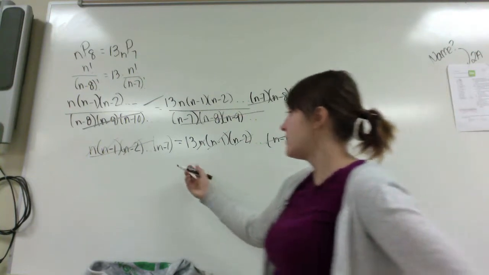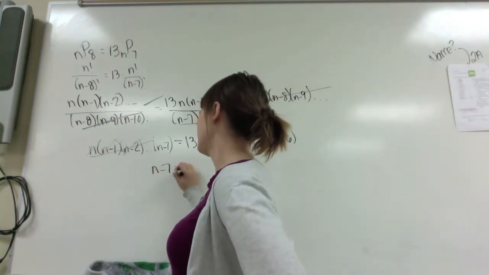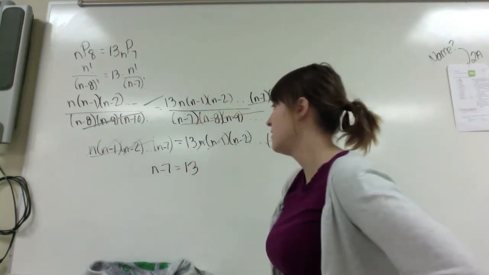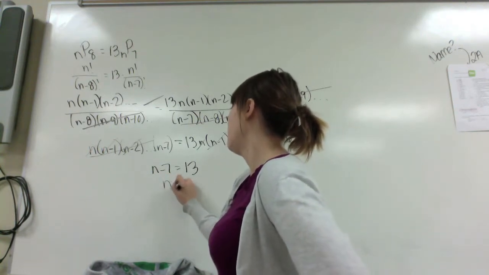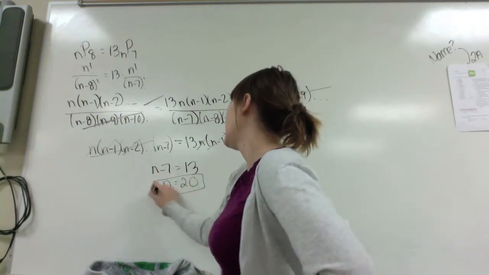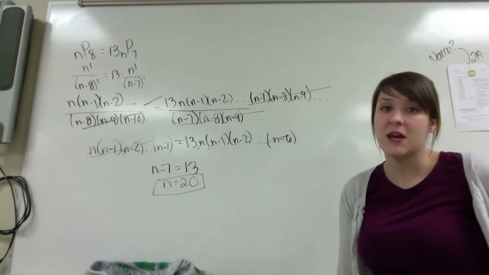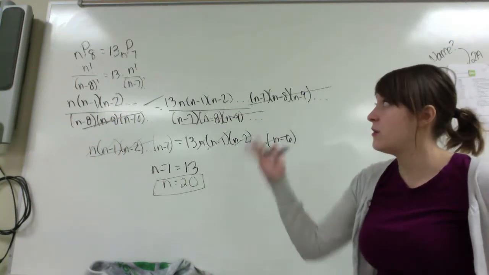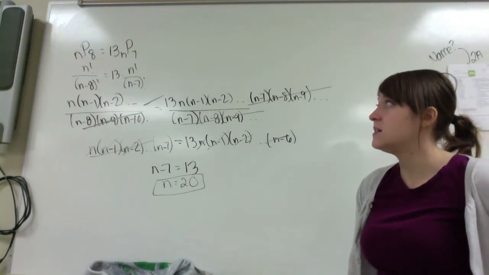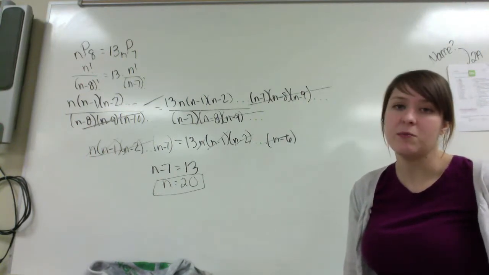What I have left is just n minus 7 equals 13, which I can solve and get n equals 20. So I know that my n value in this case is going to be 20, so 20 permutes 8 is equal to 13 times 20 permutes 7.